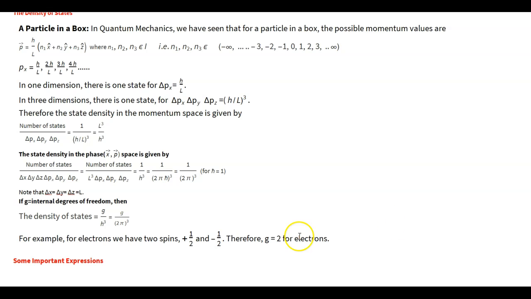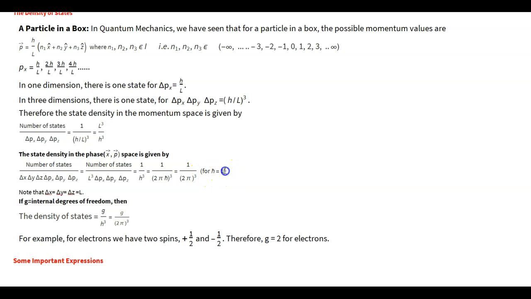The final result is that the density of states is given by g over h cubed, where g is the internal degrees of freedom, the number of degrees of freedom, and h is equal to 2 pi h bar.